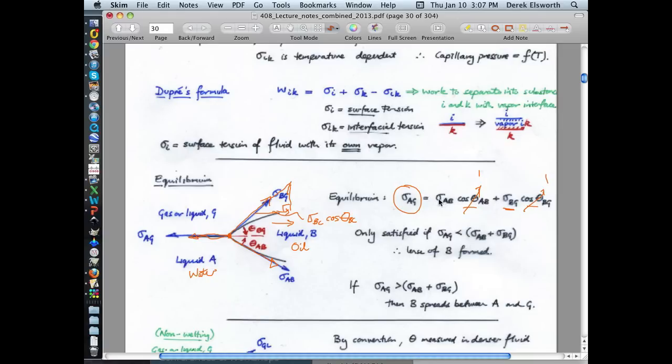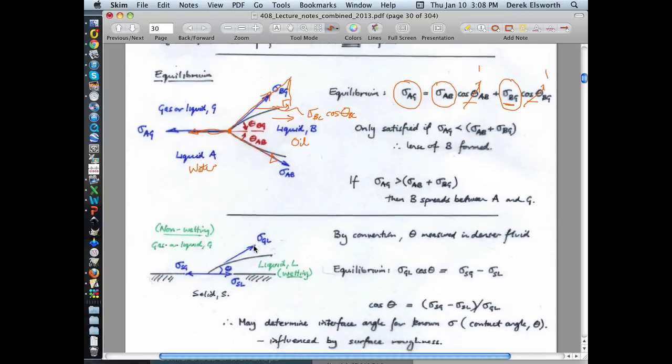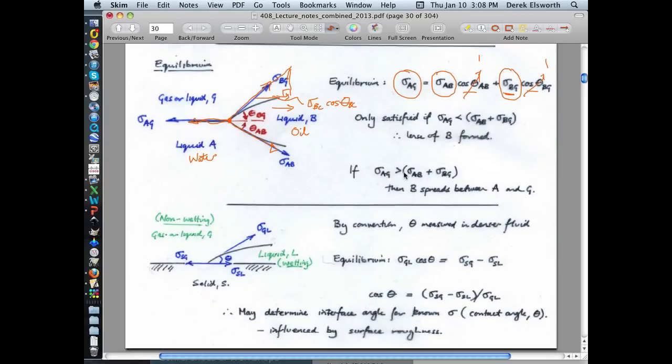And if you know what the interfacial tensions are of these interfaces between these two fluids, which is a fundamental property which you can go to a book and look up, then you could figure out how it would sit on the surface of the fluid. Whether it would sit as a sheen that covers the surface of the swimming pool, or whether it would sit as a blob. Okay? And it's just depending on whether the force pulling it to the left is bigger than some of these other two forces. That's all.